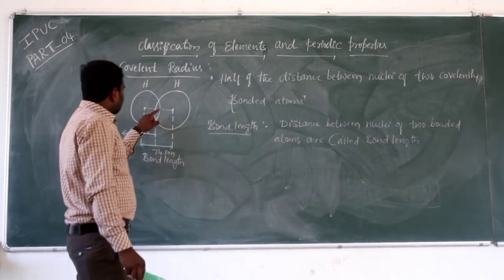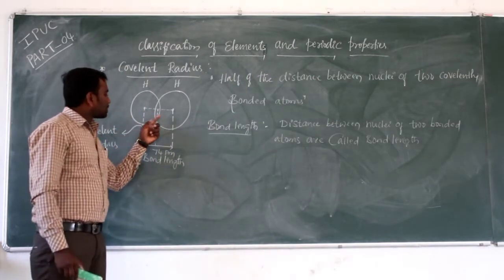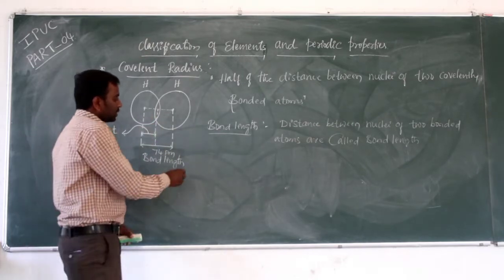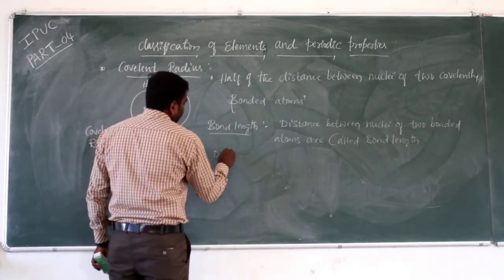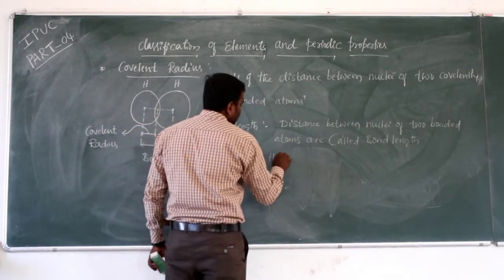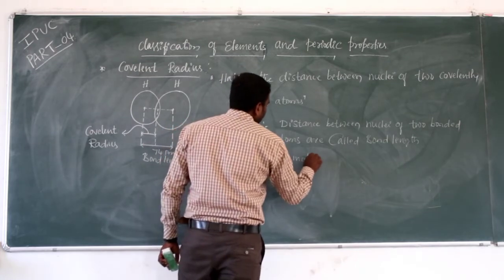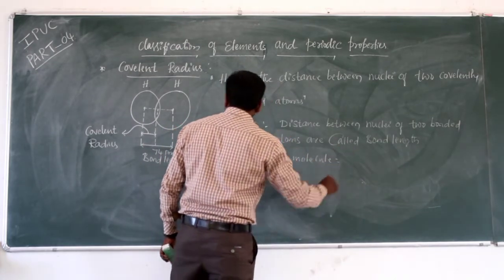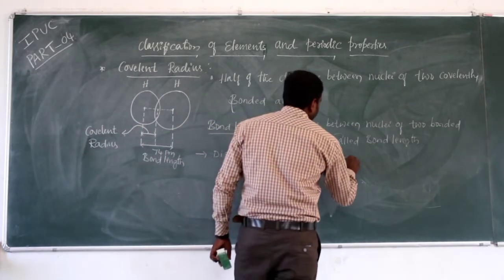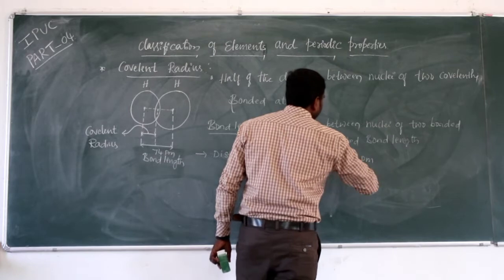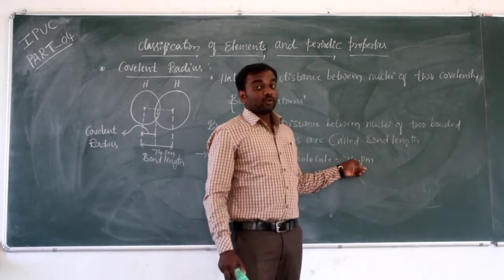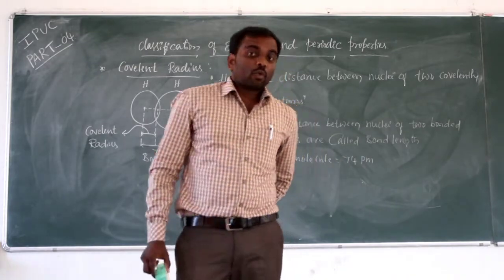See, the bond length of hydrogen in a molecule is equal to 74 picometer. P means picometer. Pico means 10 to the power of minus 12.